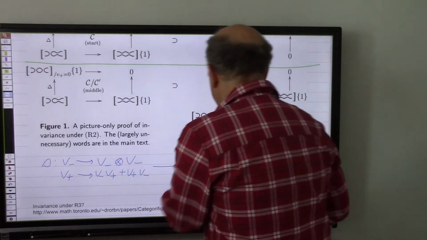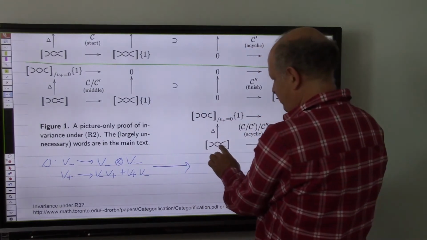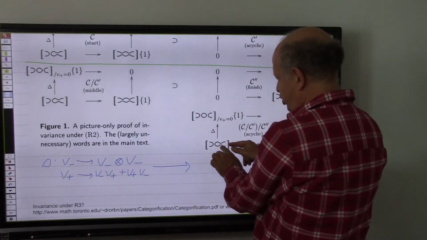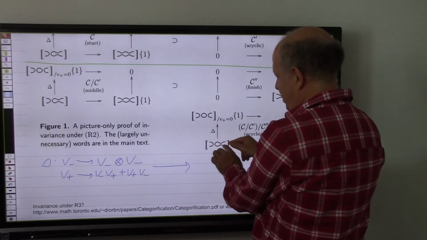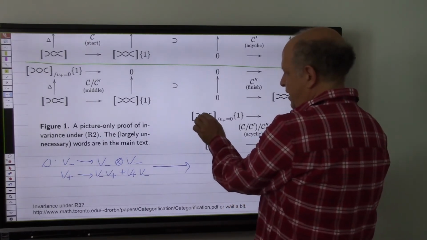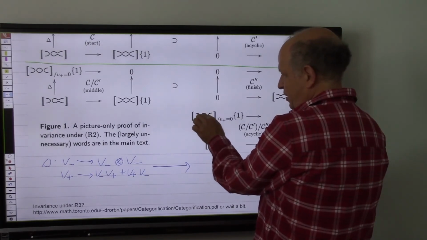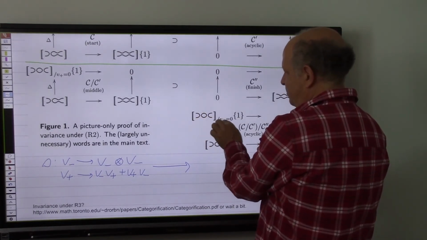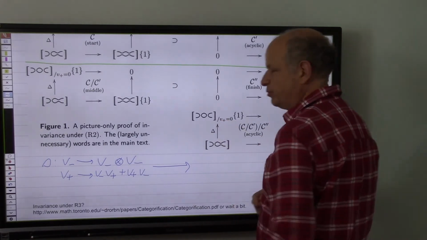So really delta here is the map which splits this cycle into 2, and then I take the left factor and put in it V plus is equal to 0.